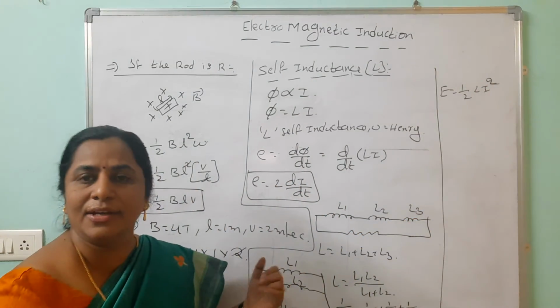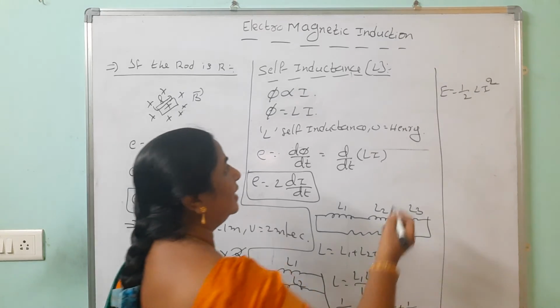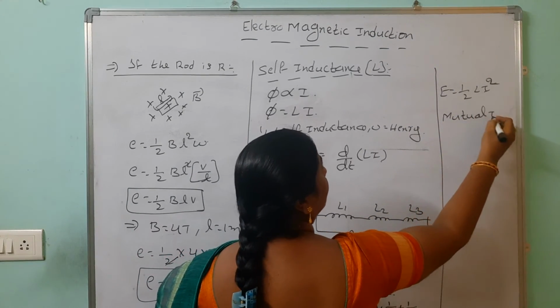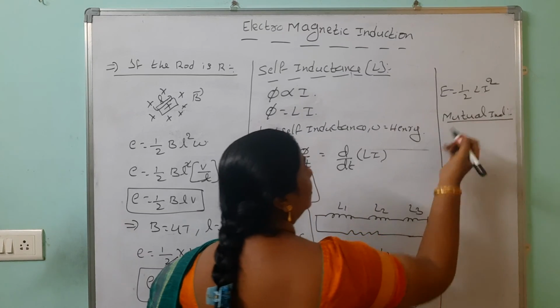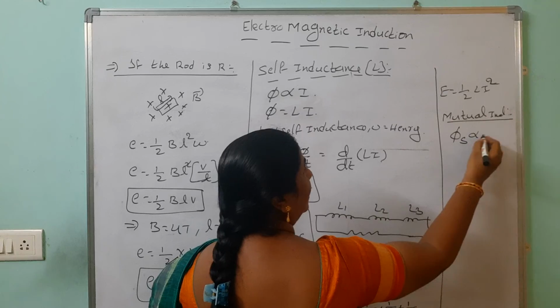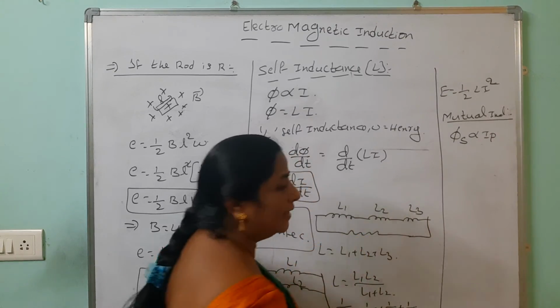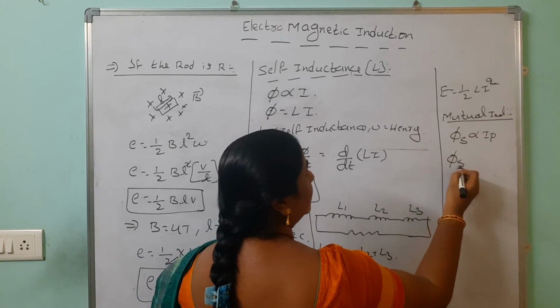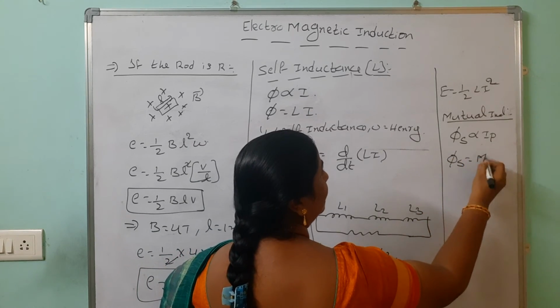Then we get the mutual inductance. Mutual inductance means we have to use two coils. In this case, the magnetic flux in the secondary coil is directly proportional to the current in the primary coil. So instead of the proportionality symbol, we get one constant.